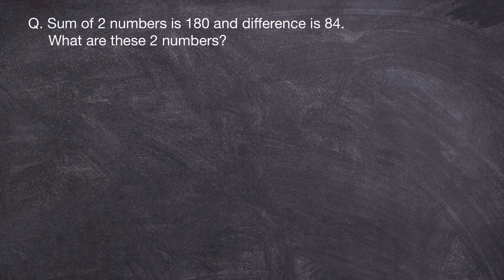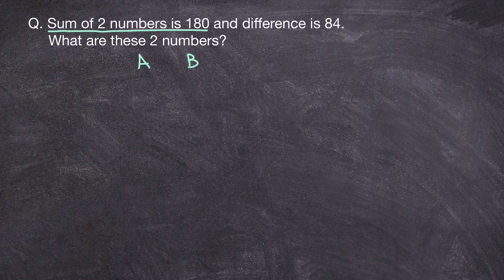So for example, you can use X or Y or A and B. And for this problem, I'm going to use A and B. So let's give them A and B, and I can express this first part of the sentence in terms of equation using the variables of A and B.